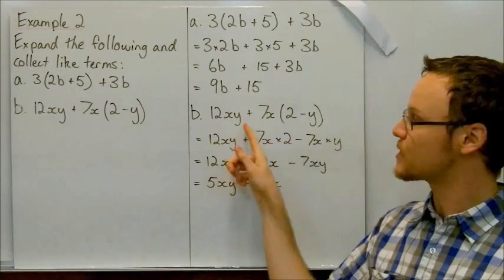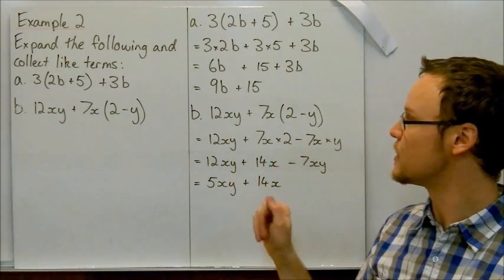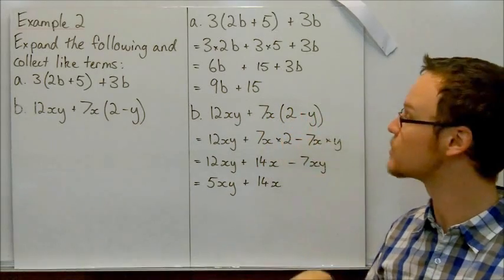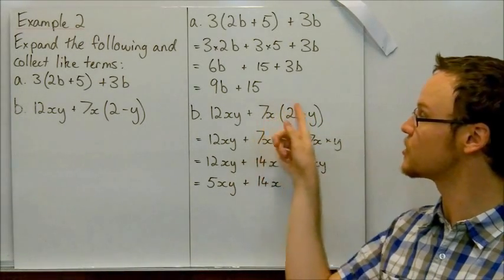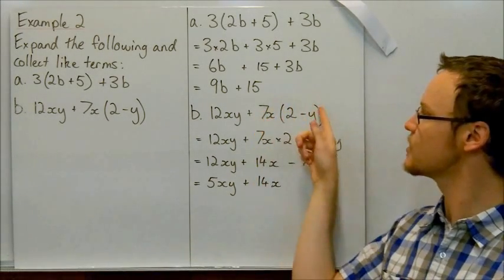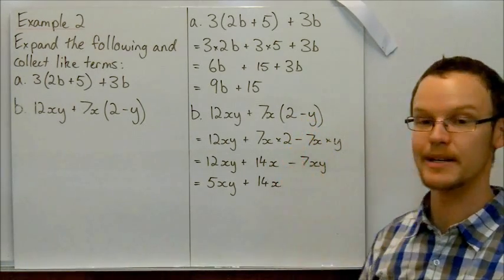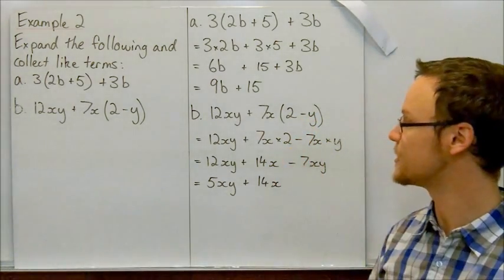Lastly here, 12xy plus 7x in brackets 2 minus y. Here, the 12xy is not part of the bracket, so it's left alone, but we can distribute the 7x within what's inside the brackets. So here we go, 7x times 2, and 7x times y. And notice there's a minus sign in the middle, so we keep the minus sign there.